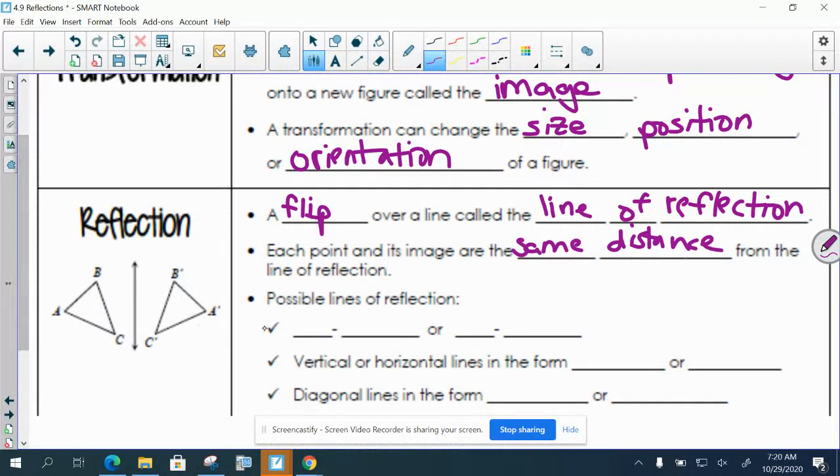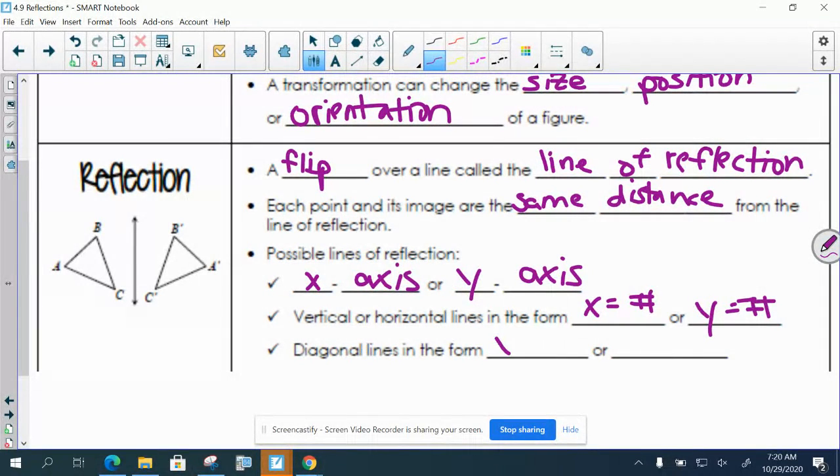The different lines of reflection could be the x-axis or the y-axis, or vertical or horizontal lines. A vertical line is in the form x equals a number. A horizontal line is in the form y equals a number. Or the diagonal line, y equals x, which goes up like that through the origin, or y equals negative x, which goes down like that through the origin.